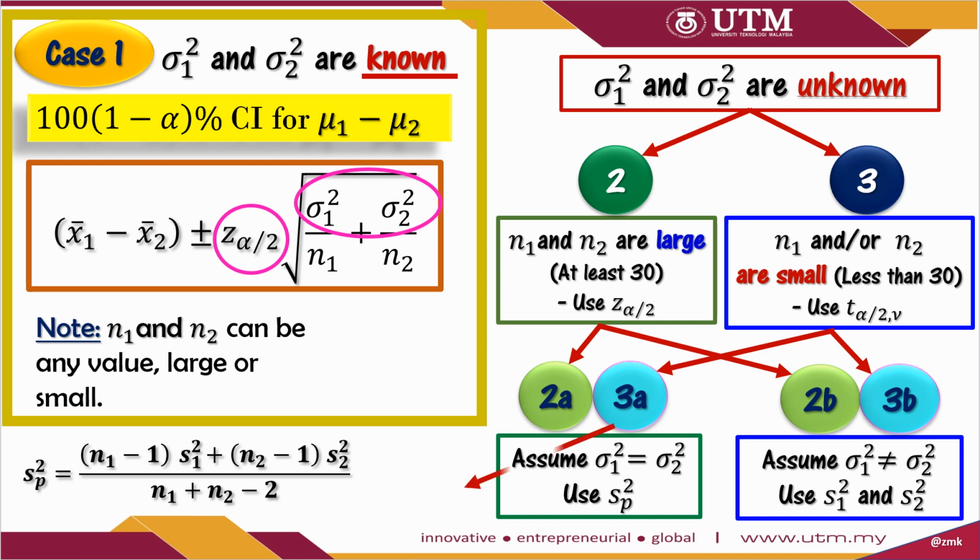Now, what do you think the values of the degrees of freedom nu for case 3A and 3B? Will these degrees of freedom nu be the same for both cases, or are they going to be different? Let's find out the answer in the next slide.